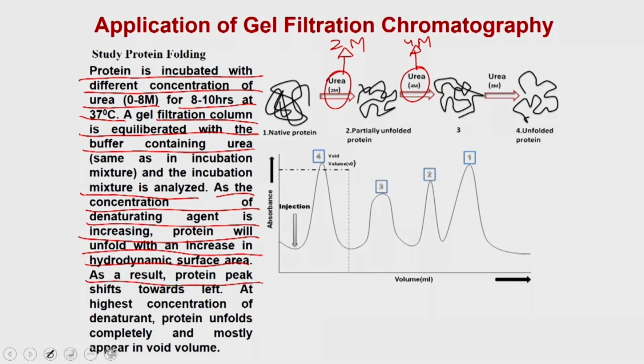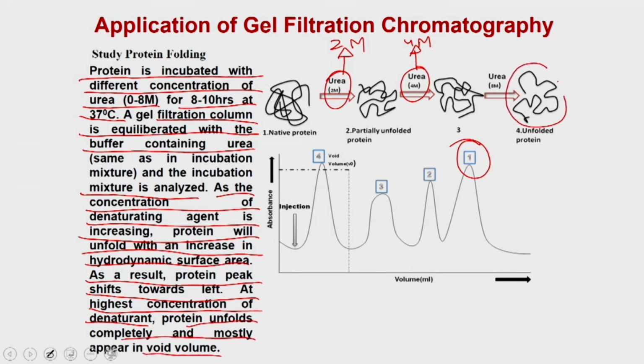As a result, the protein peak shifts towards the left, which means this is the peak for the native conformation, and as the denaturation proceeds, the protein will come out more and more on the left side. At the highest concentration of the denaturant, the protein unfolds completely and mostly appears in the void volume.